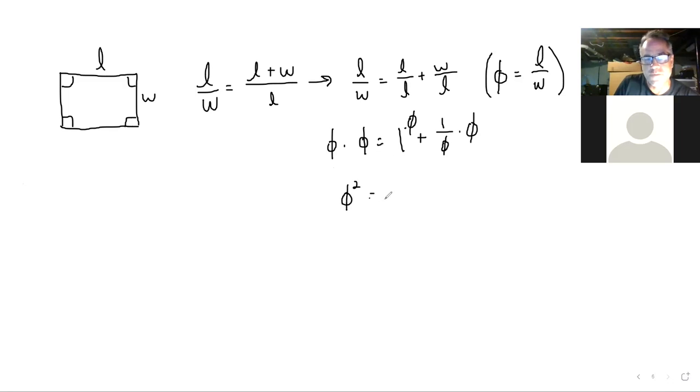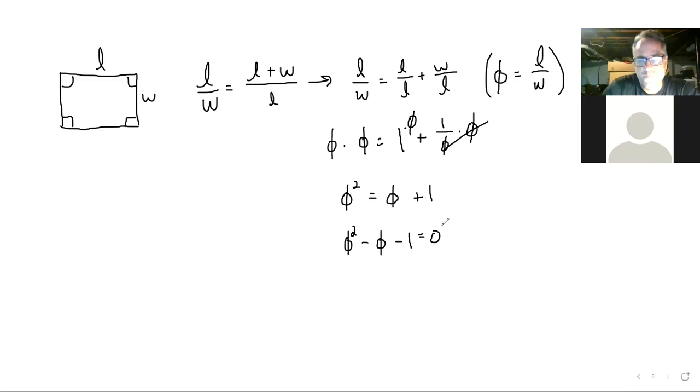Phi times 1 is phi. And notice here the phi's would cancel out and leave me with just plus 1. All right, so just like that problem we had looked at last Thursday, I have a quadratic equation, highest power 2, where phi is the variable. So I'm going to set this thing equal to 0. That is, bring these two terms over to this side.